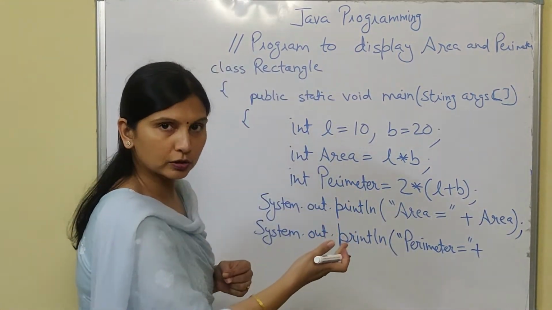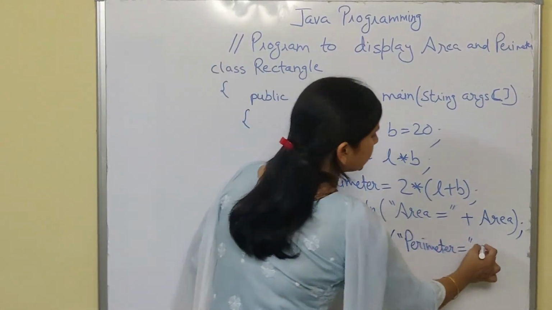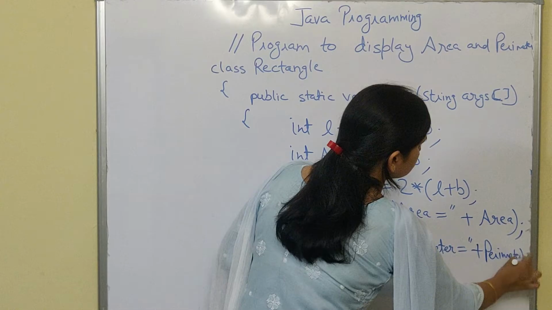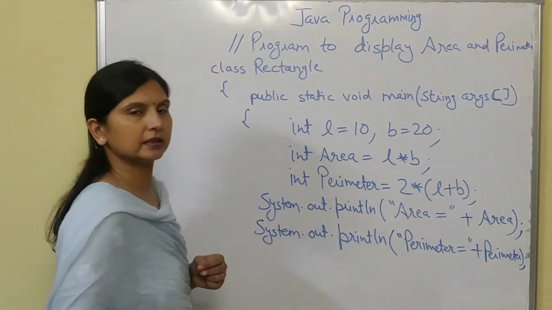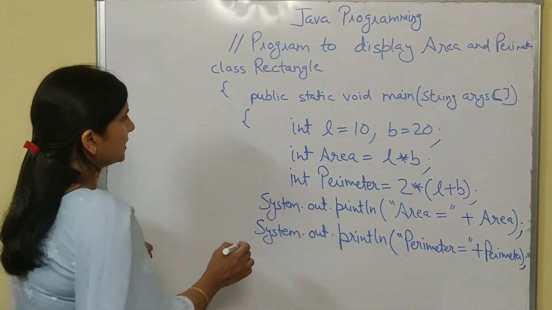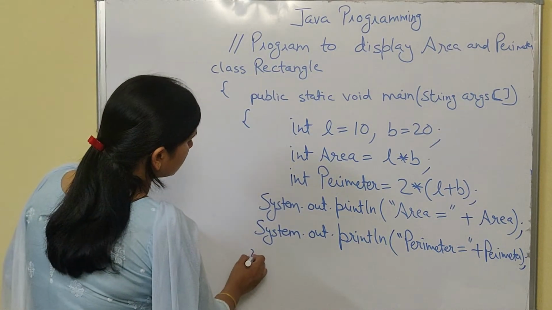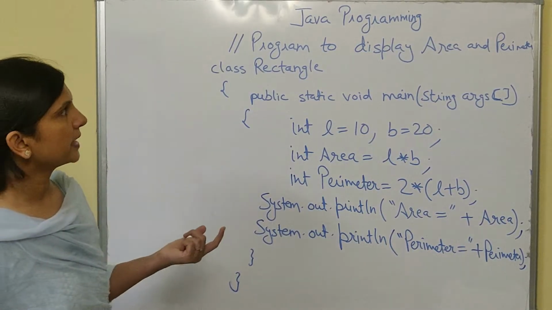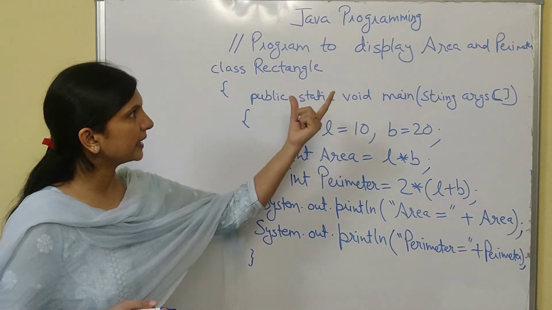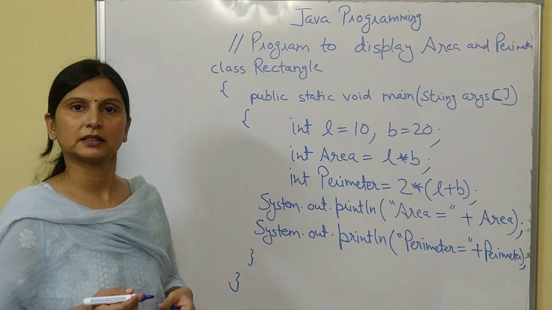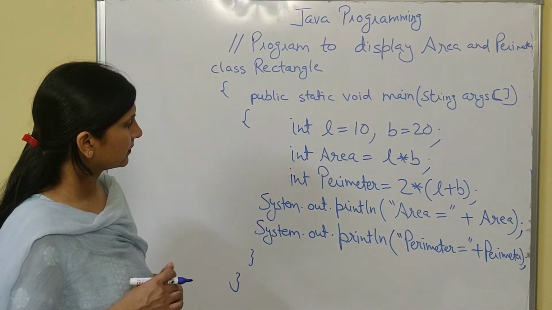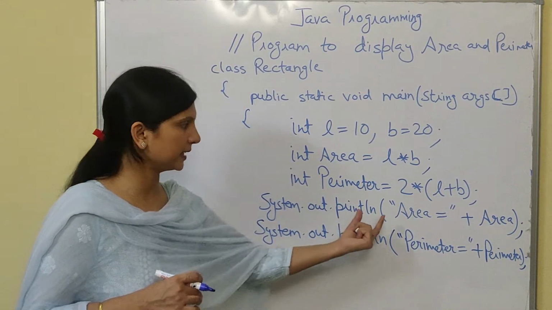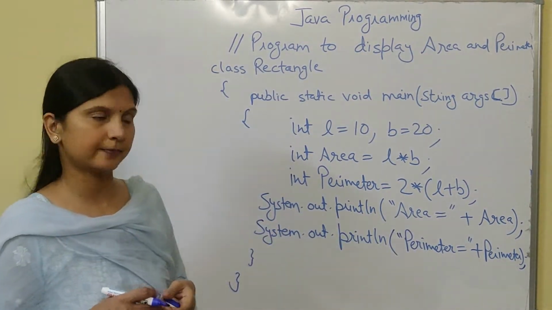You can take p also, but I have already taken perimeter, so I am writing it here complete. Then semicolon. Then the main function closes, and then the class closes. So this is a very small program to display area and perimeter. I hope it is clear. This is the use of system.out.println to display a value along with a message.